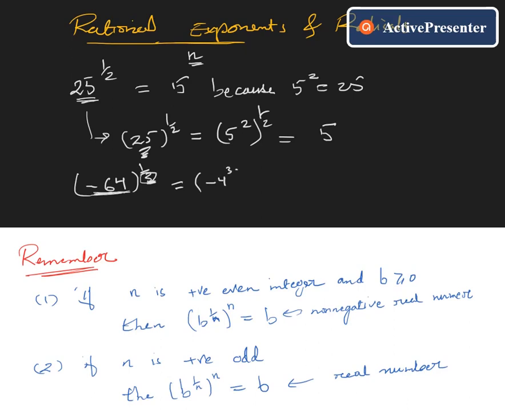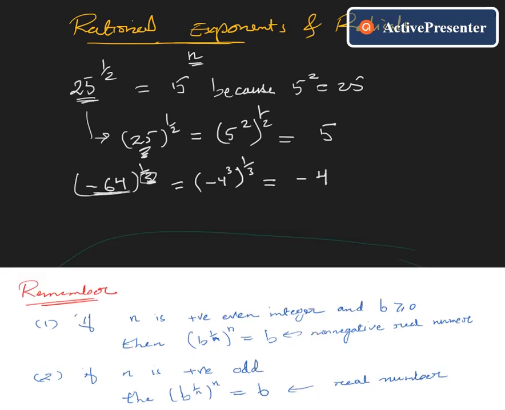This is minus 64 all to the power 1 over 3, so the answer is eventually minus 4. Now if I say 16 to the power half, this is equal to 4 squared to the power half. 16 is 4 squared, so this will equal 4.